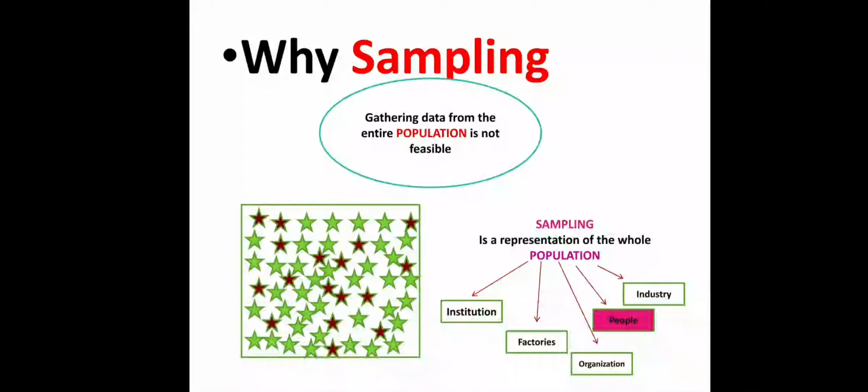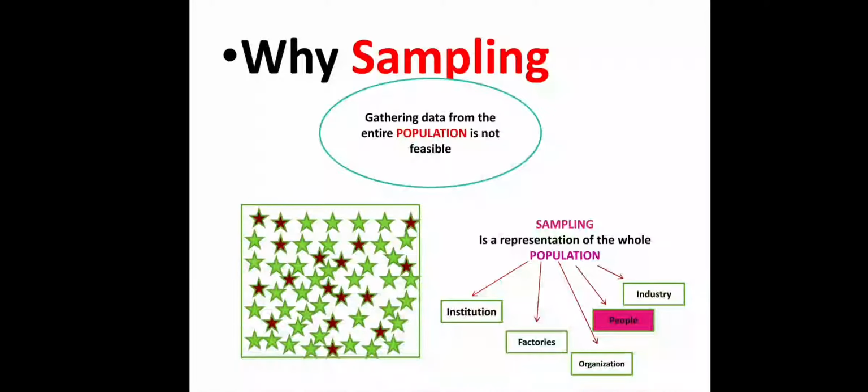In a nutshell, sampling is a representation of the entire population that is drawn for the research purpose. Thus, it implies that since the population is large, it is difficult for measurement.